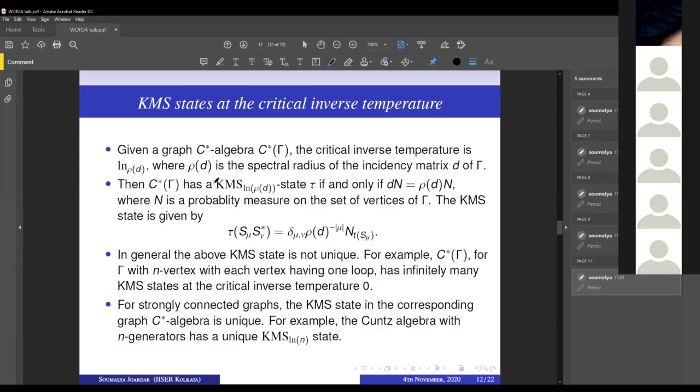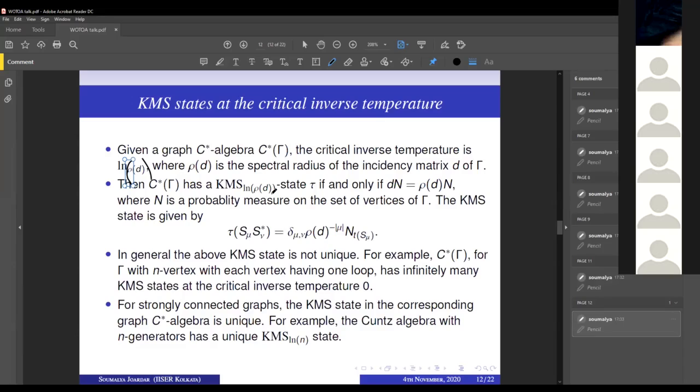So this C*(Gamma), with the natural dynamics, has a KMS state at the critical inverse temperature ln rho. Here it is ln of rho, with no suffix.